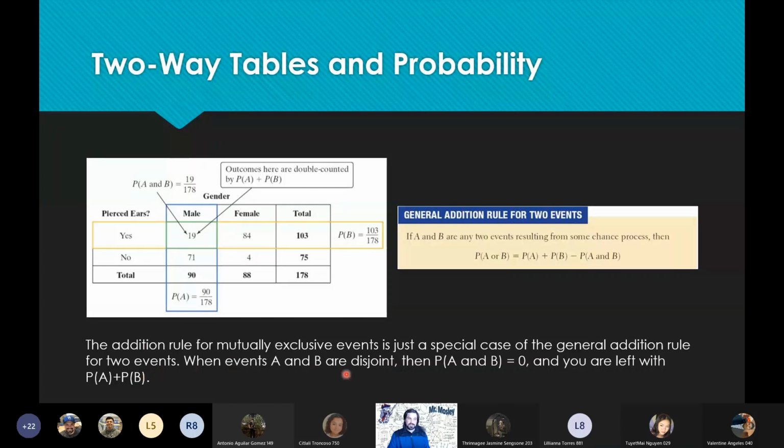When events A and B are disjoint or mutually exclusive, then the probability of A and B equals 0. And you are left with P of A plus P of B. Right? This last term here is just gone because it's minus 0. It doesn't change anything. So if you're going to commit one of these things to memory, you want this one because it always works, whether or not the events are disjoint.